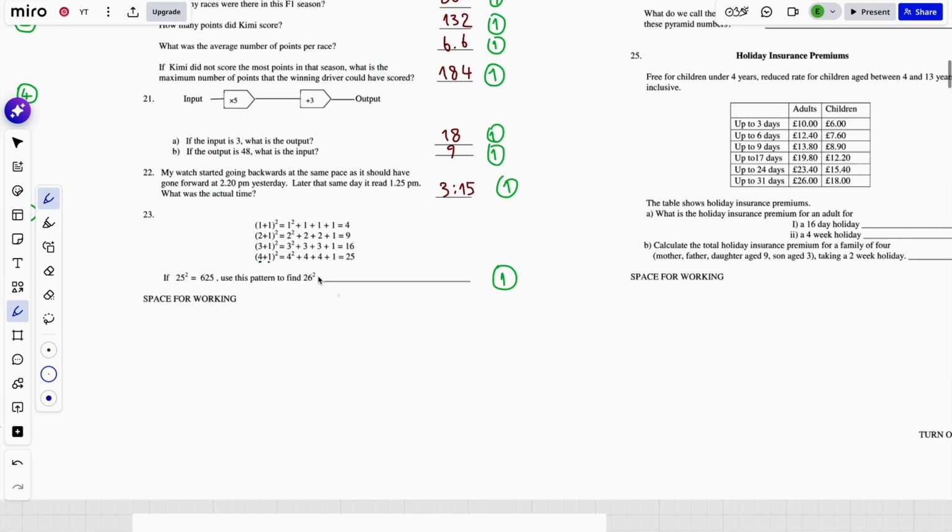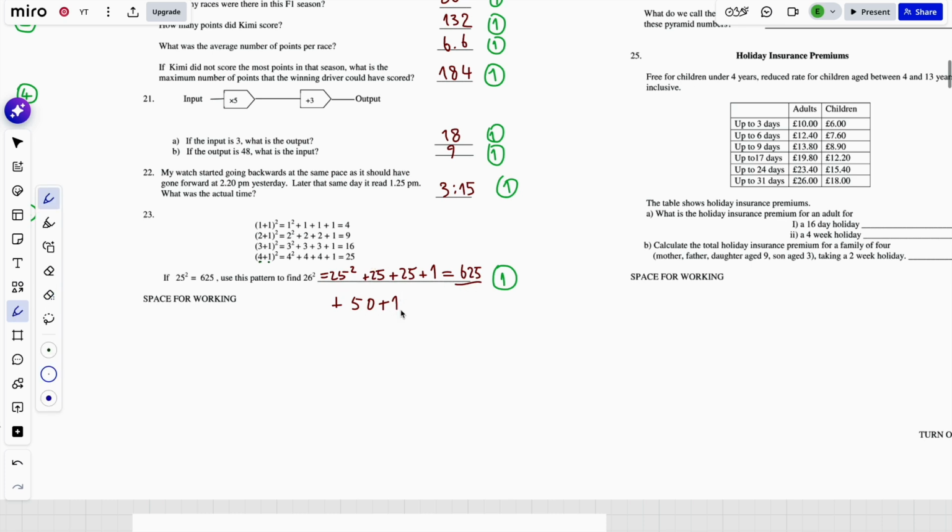It should say 26 squared equals 25 squared plus 25 plus another 25 and plus 1. And this equals 625 plus 50 plus 1. This middle step you don't necessarily need to have in this form. It could say 625 plus 51 or something.